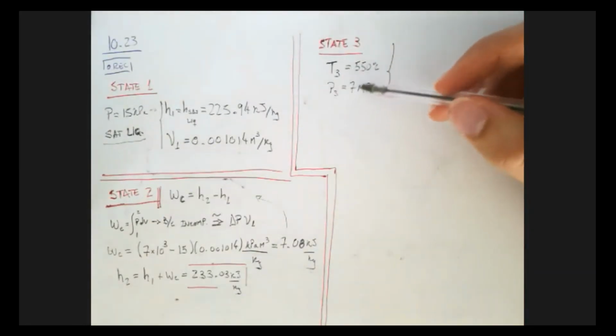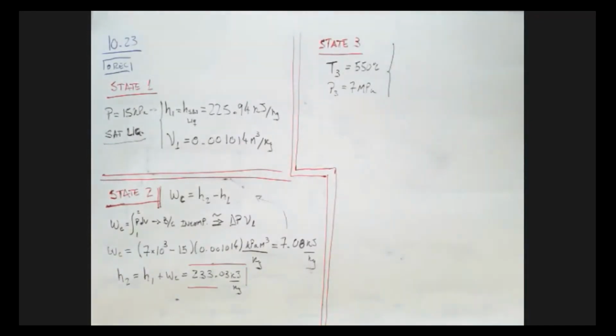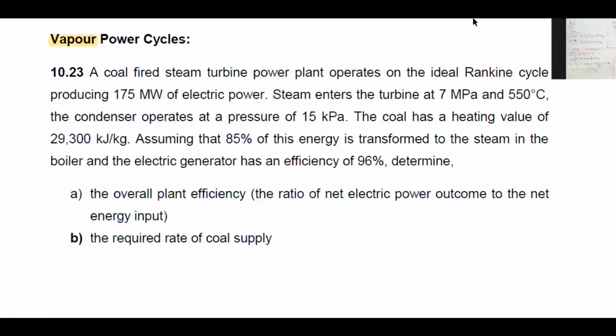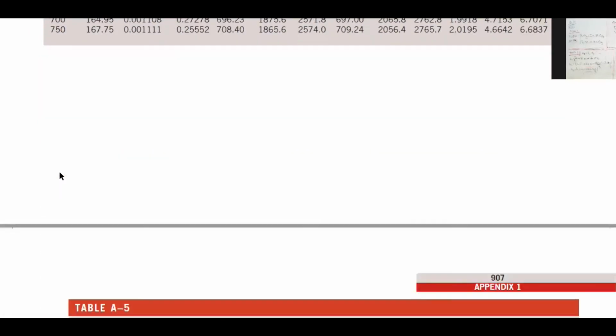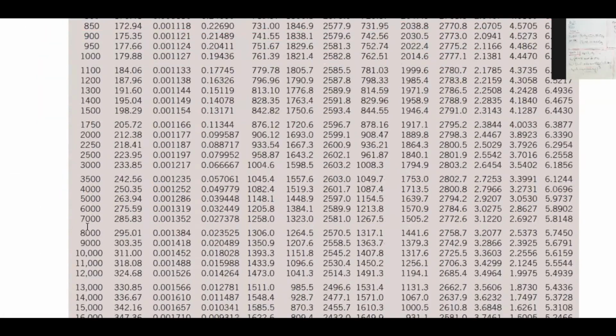We can go to table A7. I'll do it just for the sake of it. Let's go to the property table and look at 7 megapascals, so that's 7,000 kilopascals.